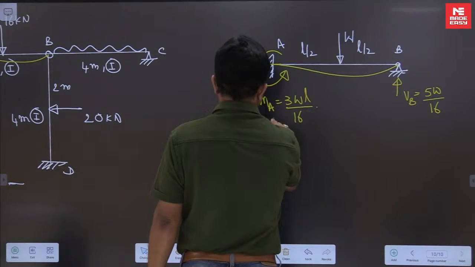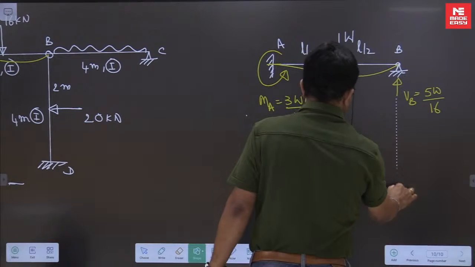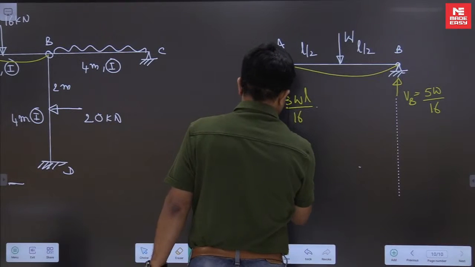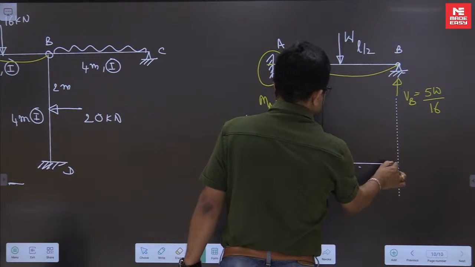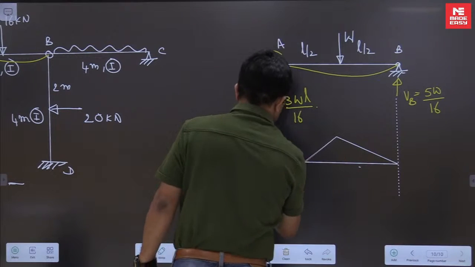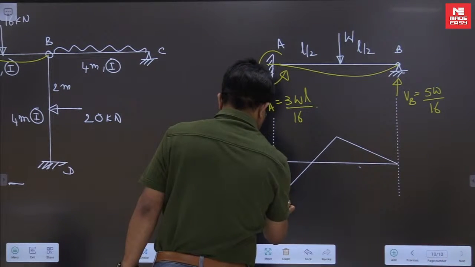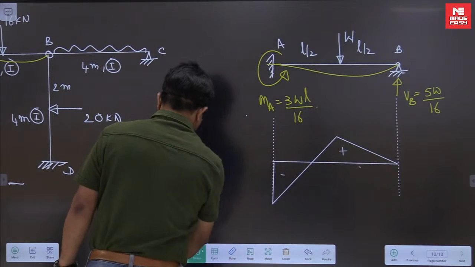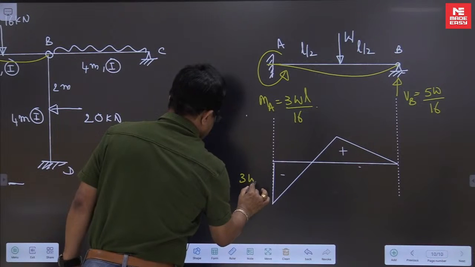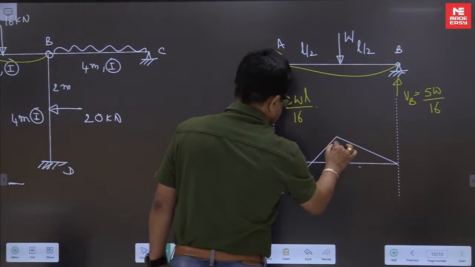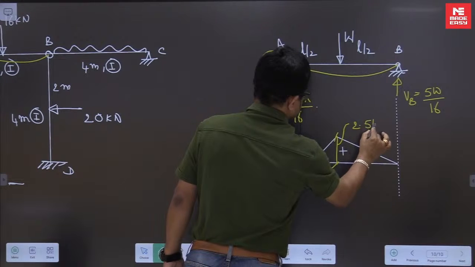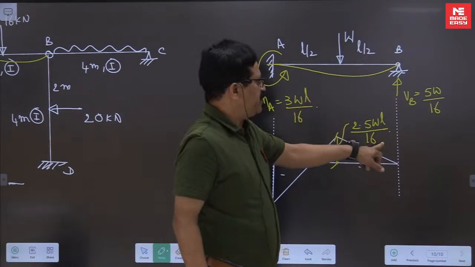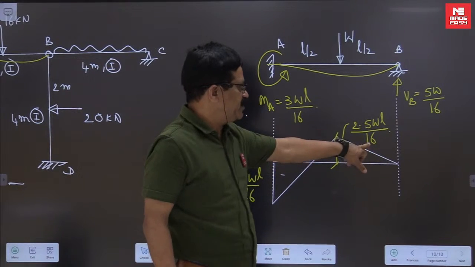Okay. These diagrams also we have drawn. Right? This type of diagrams we have drawn. Right? 5W by 16 into L by 2, 5WL by 32, that means 2.5WL by 16.